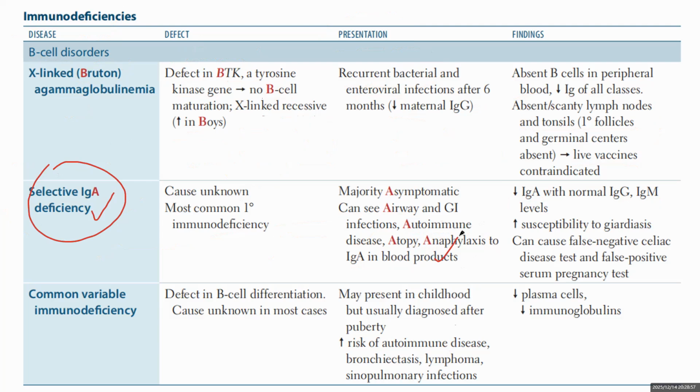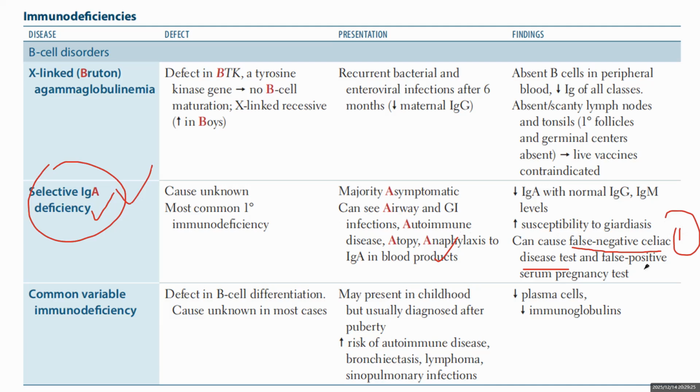Another interesting point is related to laboratory testing. Because celiac screening tests are often based on IgA antibodies, these patients may get a false negative celiac test. Remember that, not because they do not have celiac disease, but simply because they don't make IgA. So that is another point, the false negative celiac test.